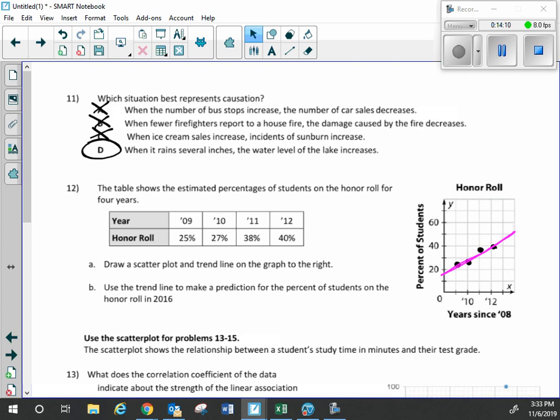So if we were going to estimate 2016, you have to use your line, so your answers might differ a little bit from mine.